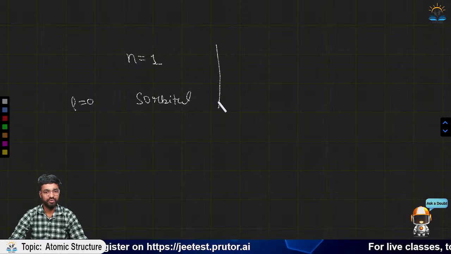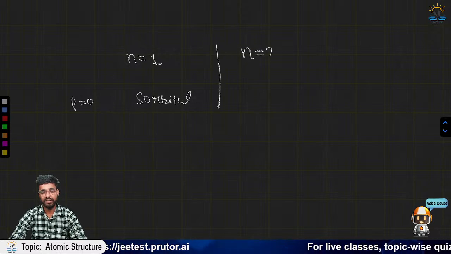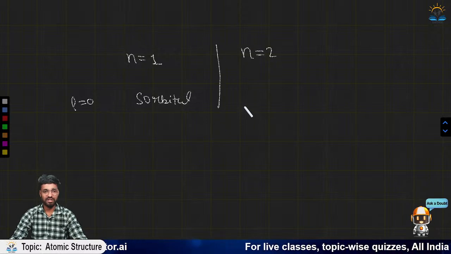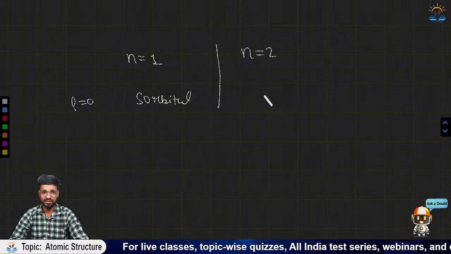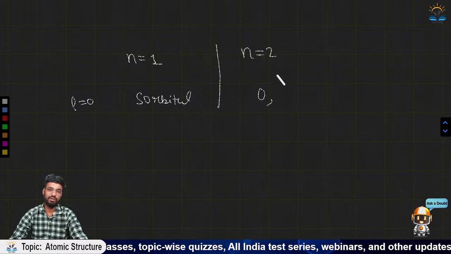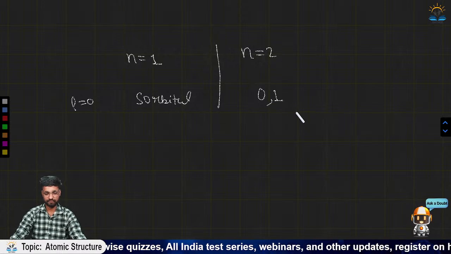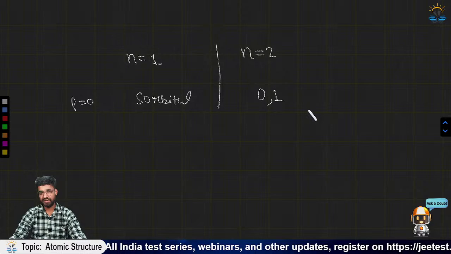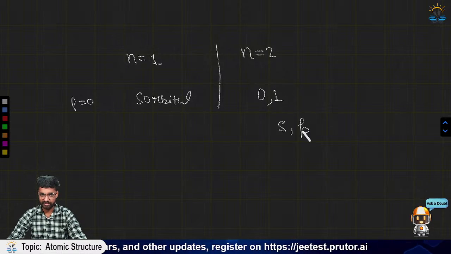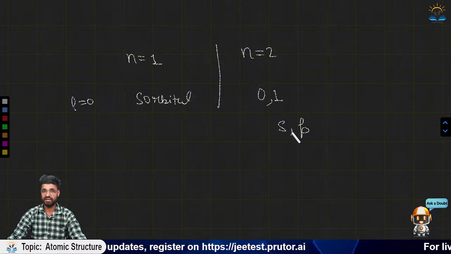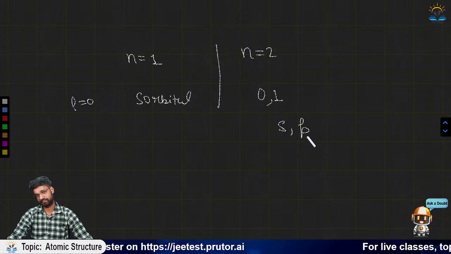Now suppose we move from n equals 1 to n equals 2. What are the possible values of l we can have? It can be 0, then 2 minus 1, that is 1. So two orbitals will be present here, s and p.